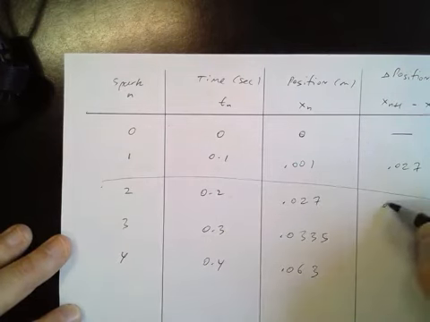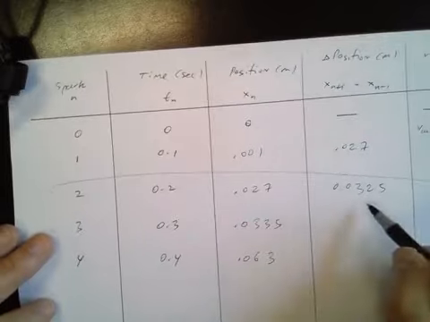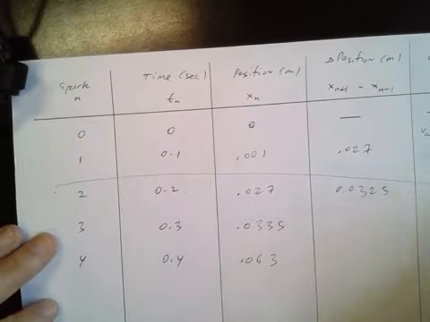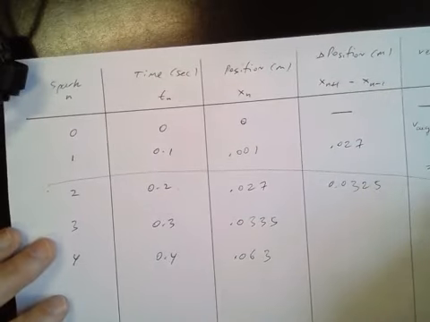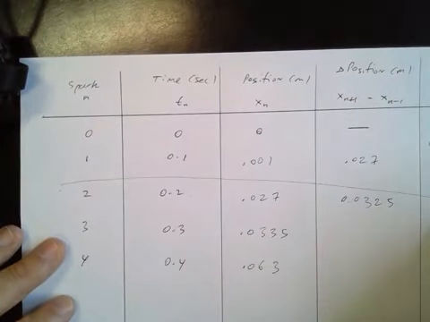And that number is 0.0325. And then I'll take the average velocity formula again. I'll divide by delta t, this time between sparks 1 and 3. That, you can check yourself, comes out to be 0.01625.